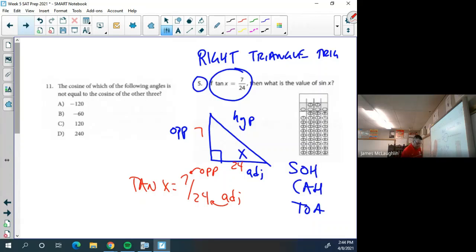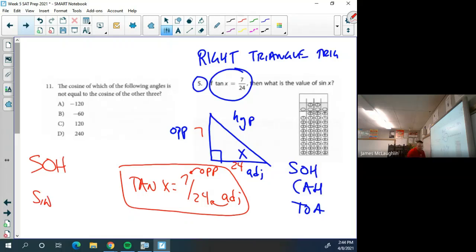What's the sine value? The sine value is what we call SOH. Sine of that angle X is going to be opposite over hypotenuse. So we don't know what the hypotenuse is in number 5. Again, the Pythagorean theorem will lead us there, right? A squared plus B squared equals C squared. My A value is 24.